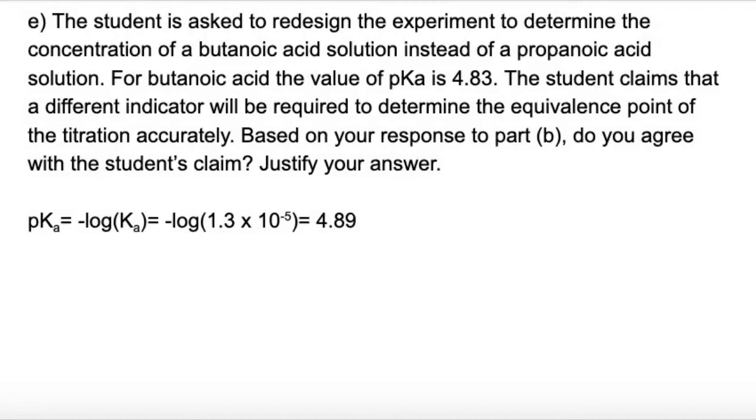So what you do is you take the pKa from the propanoic acid solution, and it is essentially the same thing as the pKa of the indicator. So pKa is equal to negative log of the Ka, and the negative log of the Ka is equal to negative log 1.3 times 10 to the negative fifth, which ends up being 4.89.